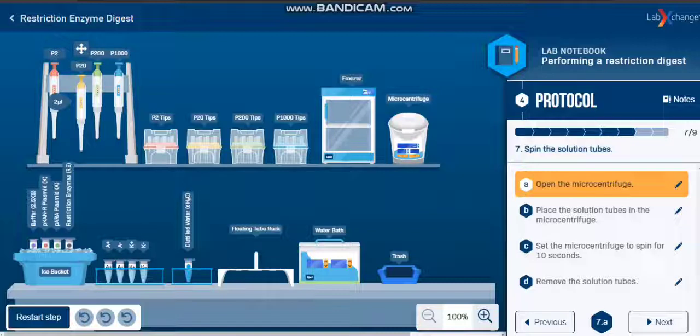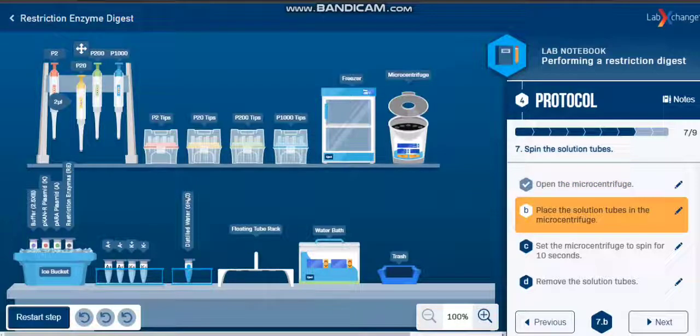Spin the solution tubes. Open the microcentrifuge. Place the solution tubes in the microcentrifuge.